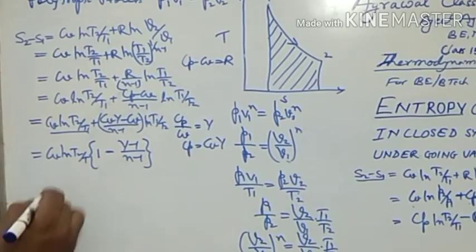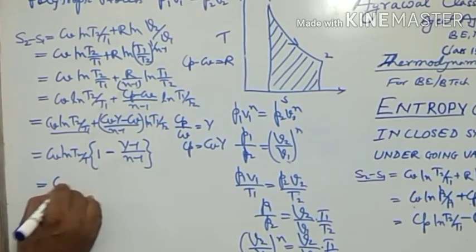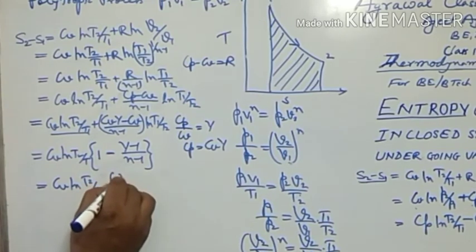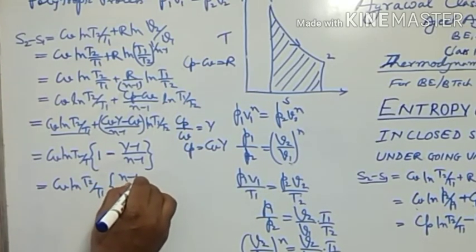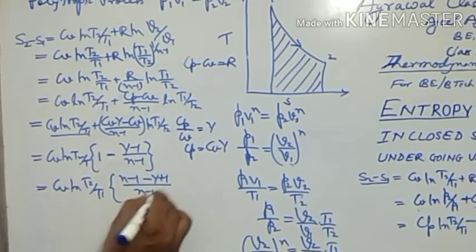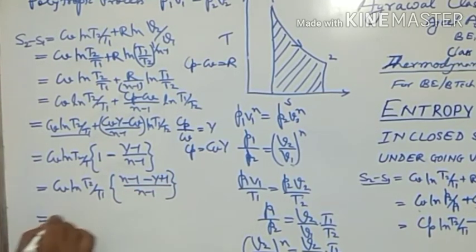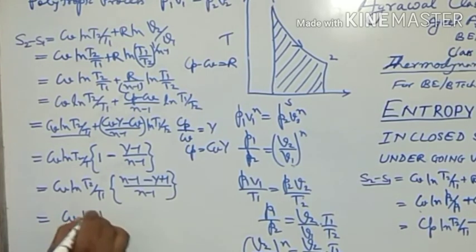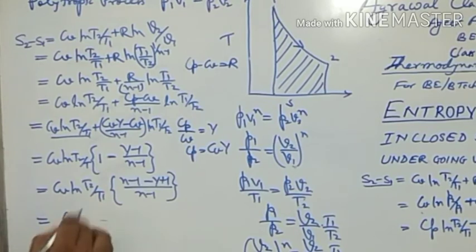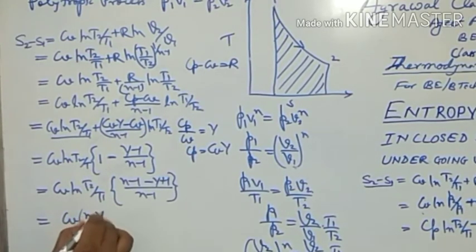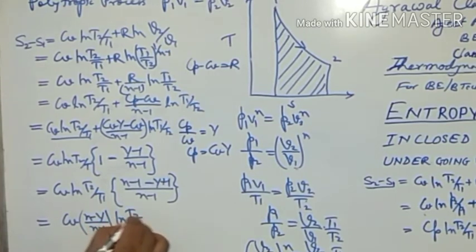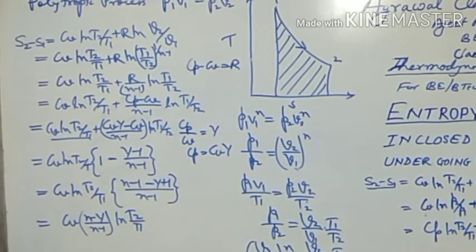If we solve this, it becomes Cv log of T2 upon T1 into n minus 1 minus gamma plus 1 upon n minus 1. So it becomes Cv log of T2 upon T1 into n minus gamma upon n minus 1.